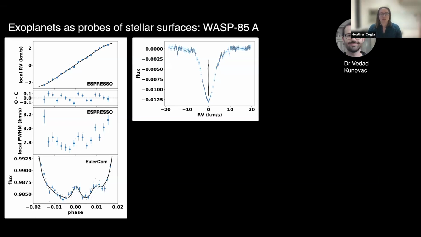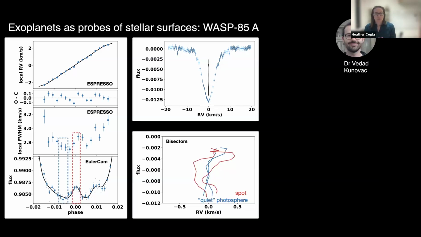What Vedad did is take an example of one of those local cross correlation functions, where we're measuring the centroid to get these local RVs, and calculate the line bisector of that. We're asking how the asymmetry changes between what we think is the star spot photosphere versus the quiet photosphere. Interestingly, for some reason we're not sensitive to the change in the net convective blue shift.